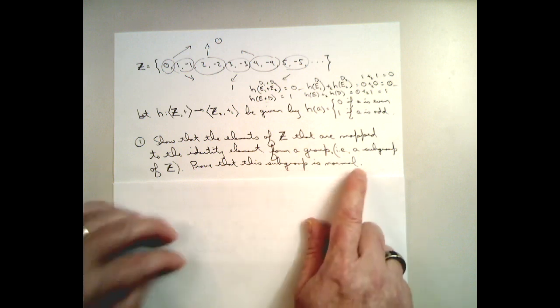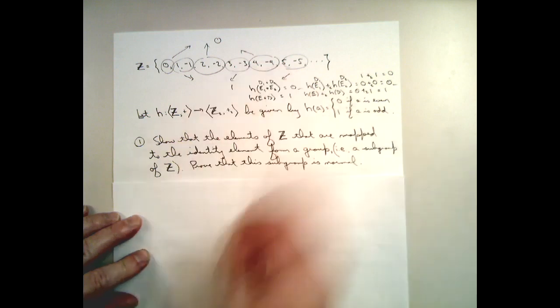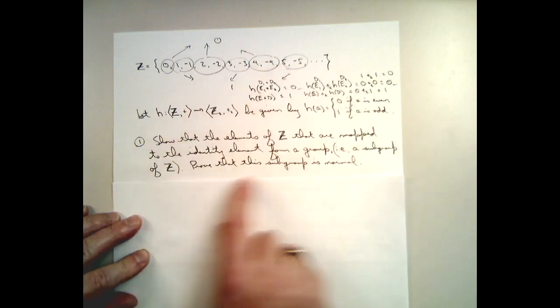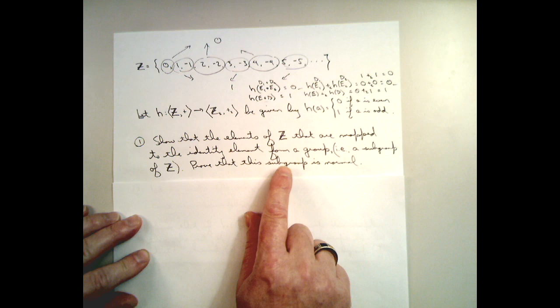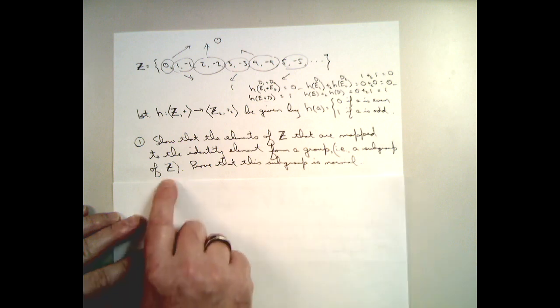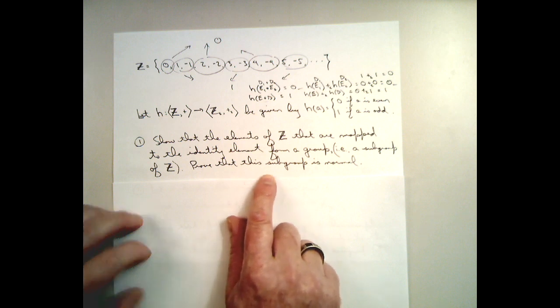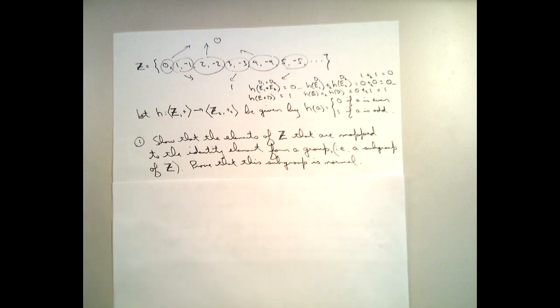So I want you to verify that the set of elements, that would be the even numbers, wouldn't it? That the elements that are being sent to the identity element, being sent to 0, form a group, and that would be then a subgroup of Z. And then I want you to prove that that subgroup is normal, right?